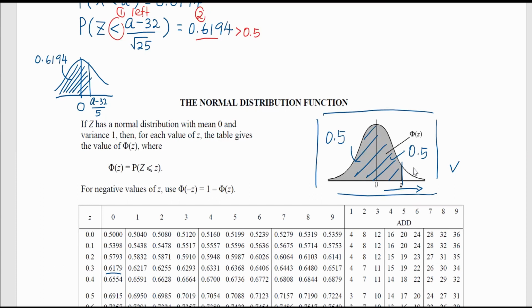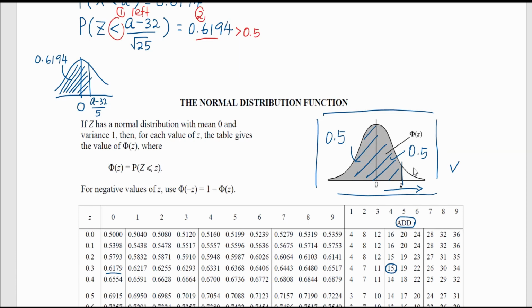So we always have to take the smaller value, so that when we refer to the last column here, the add column, we're going to add the number so that it is going to be 0.6194. And hence, we have to add the 15.